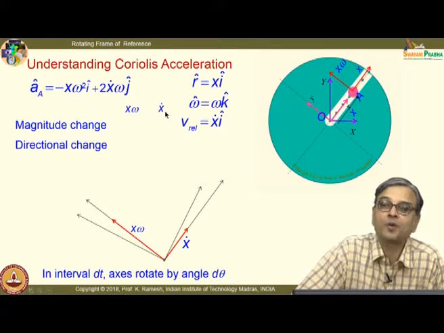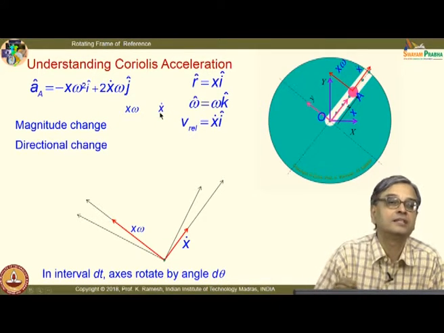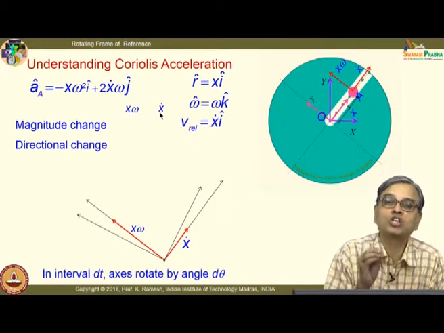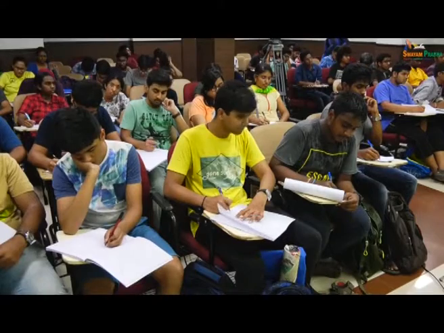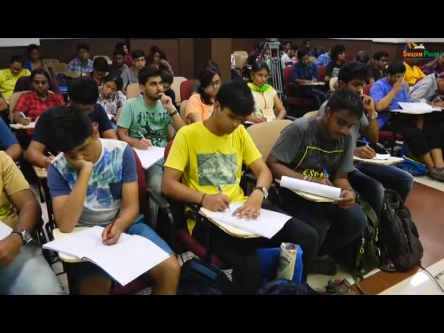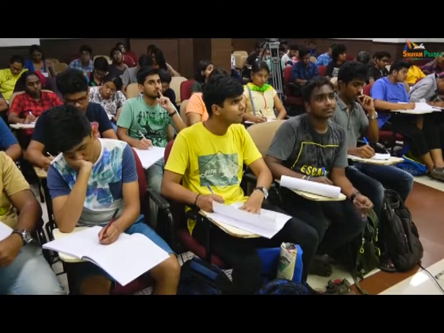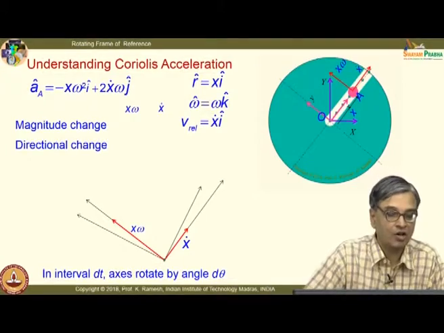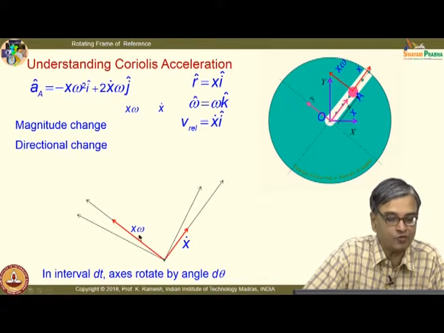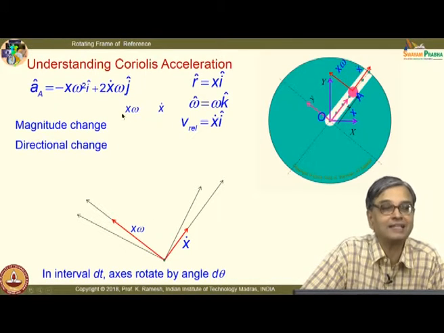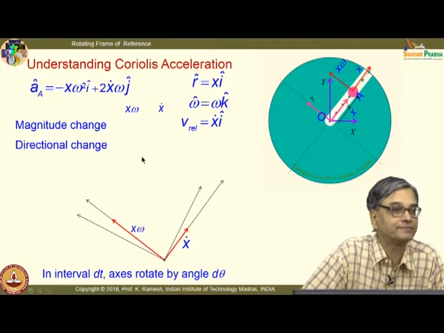What is given in the problem statement? The particle moves with a constant velocity. Fine, x dot remains constant, so there is no magnitude change of x dot. On the other hand, x omega does have a magnitude change.